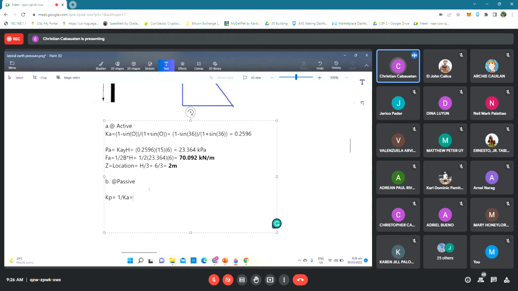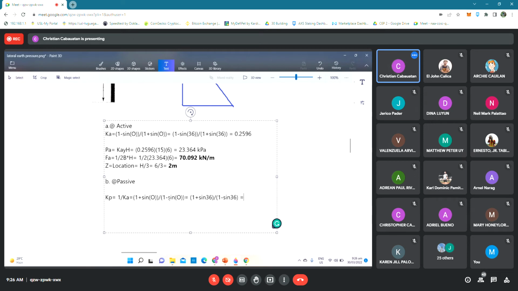But for educational purposes, we will use the original, which is 1 plus sine of your phi divided by 1 minus sine of your phi, which is equal to 1 plus sine of 36 divided by 1 minus sine of 36.